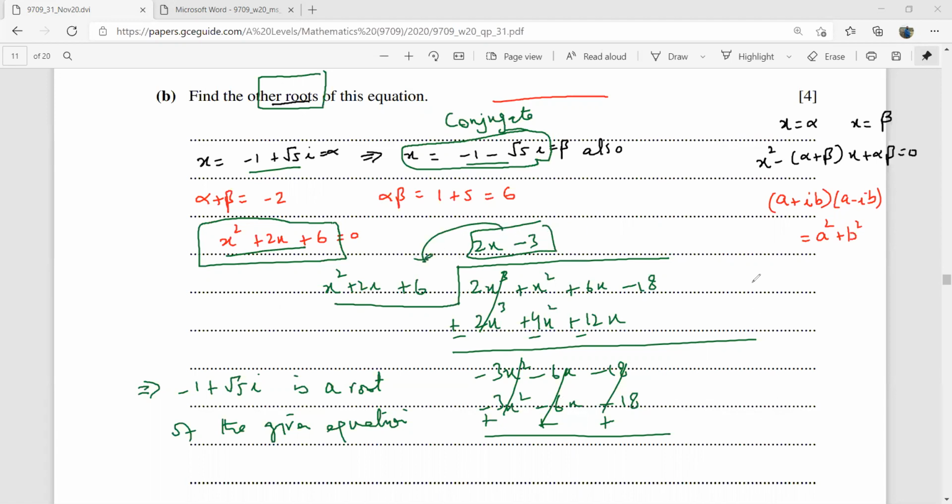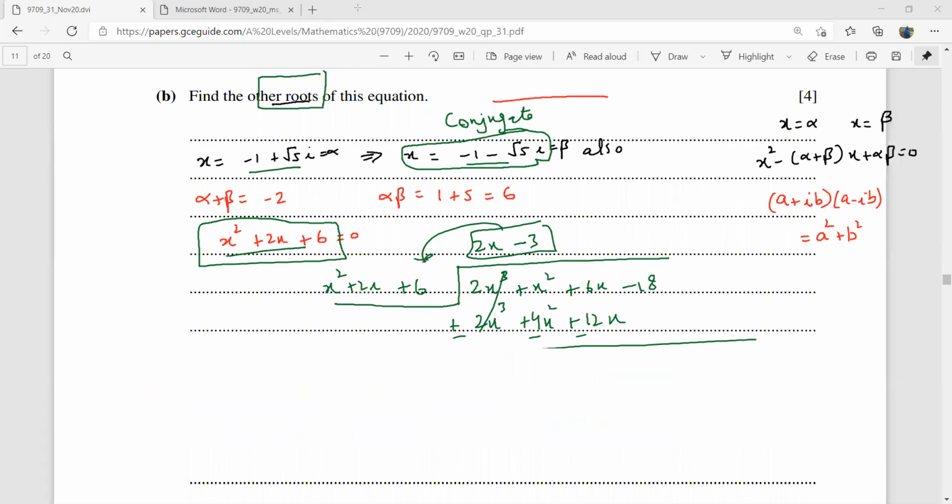You can tell the examiner, okay, look, this f of x is equal to (x square plus 2x plus 6) times (2x minus 3) equal to 0.